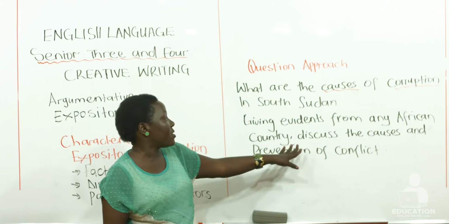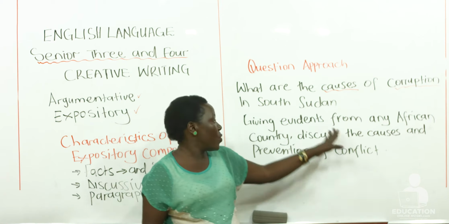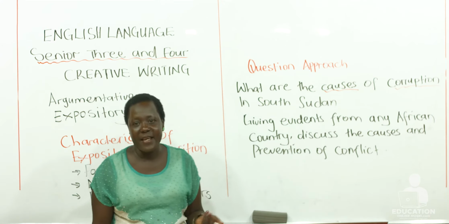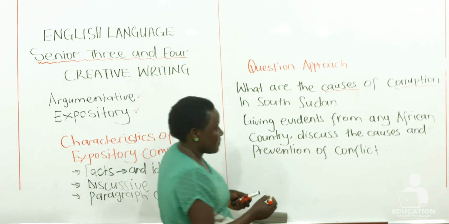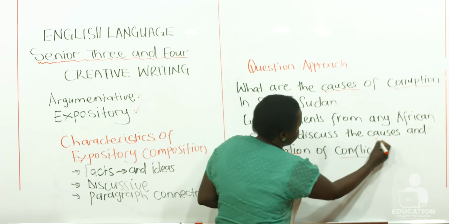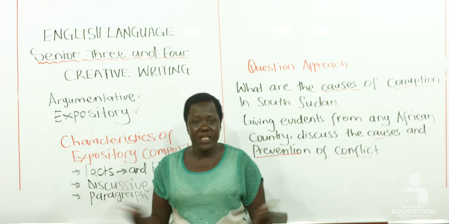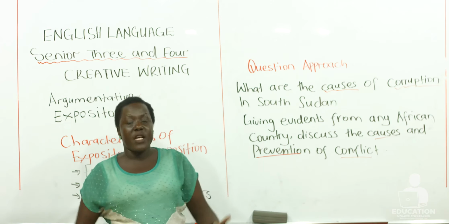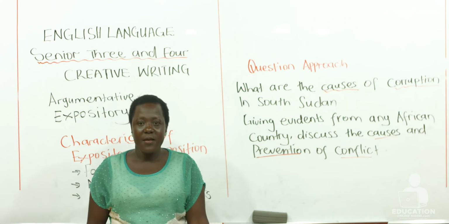If you decide to choose South Sudan, which is also an African country, you should be able to define the keywords. Now in our case, our keywords here, my dear learners, are prevention, then maybe conflict, even causes if you wish. But mainly, you should define what conflict is. Conflict can mean physical confrontation like war. It may not mean war per se.